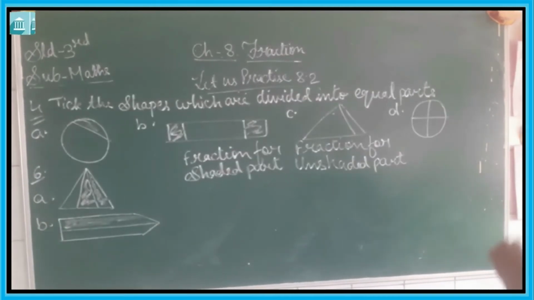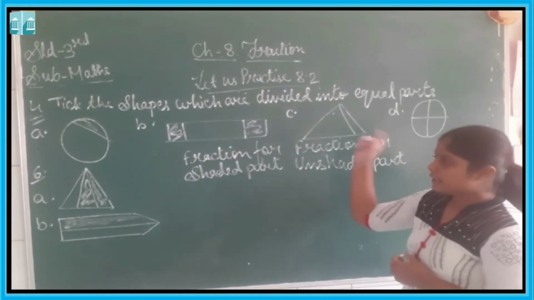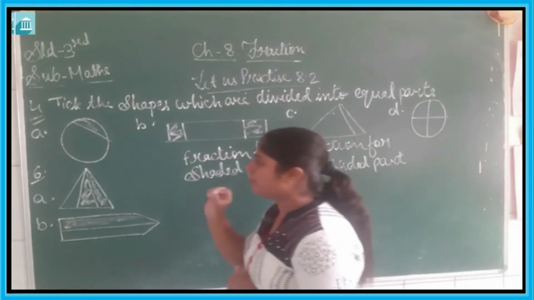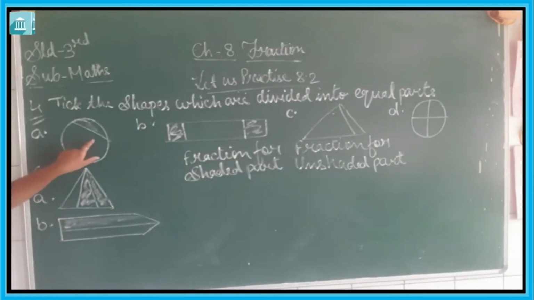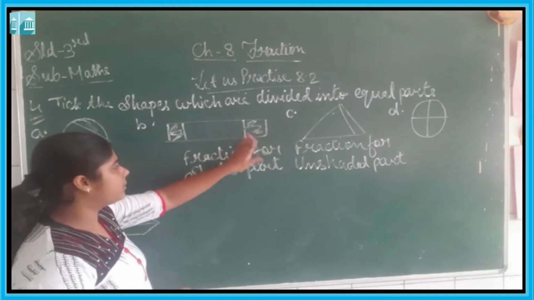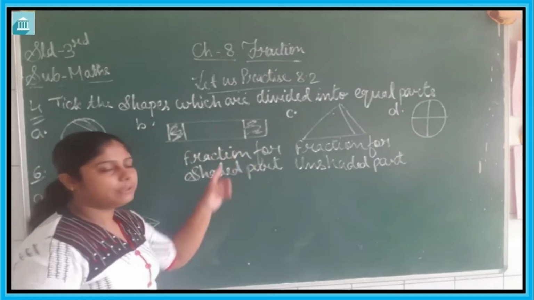Here, fourth question. Tick the shapes which are divided into equal parts. There are 4 shapes. We will tick the shape which is divided into equal parts. This is a circle, but it is not divided into equal parts. Do we get equal parts? No. In this, there are 3 parts, but 2 parts are not equally divided.